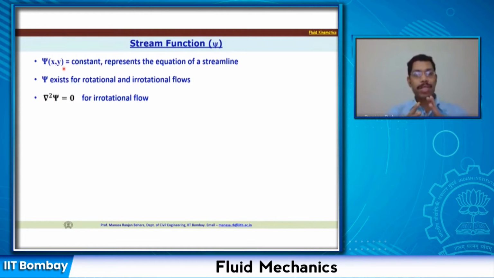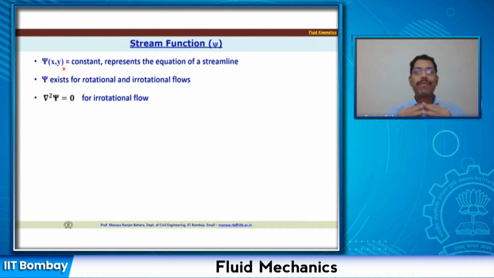Similarly, the psi function, as we have already discussed, is going to exist both for rotational as well as irrotational flows. And when the flow is irrotational, the psi function has to satisfy the Laplace equation, that is del square psi equals to 0. All right. Now there is another property of these psi functions or psi lines that's very, very important.